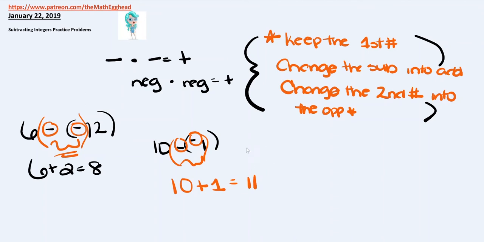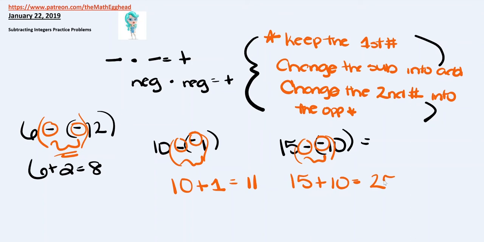Let's say we had 15 minus negative 10. Okay, well, I see that there's a subtraction and there's two minus signs or two negatives. There's the face again. So it would turn into 15 plus 10, which is 25.